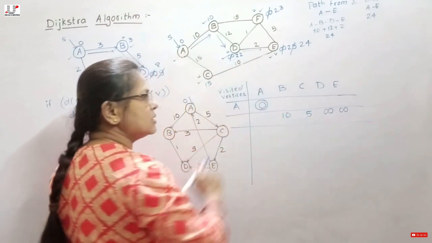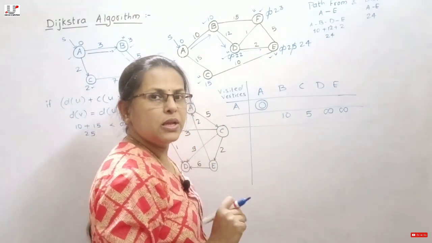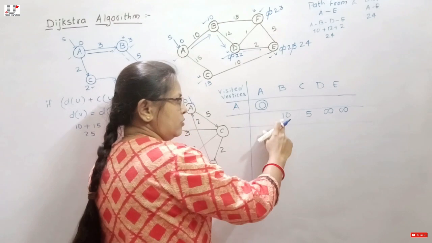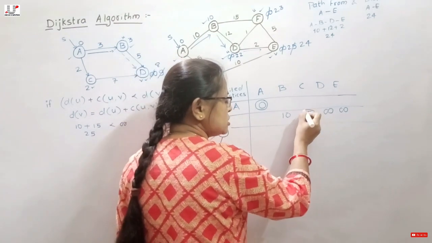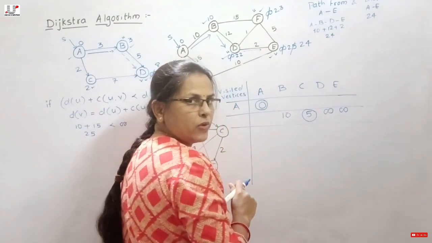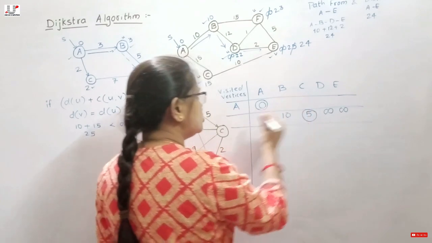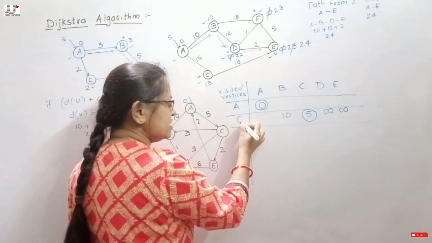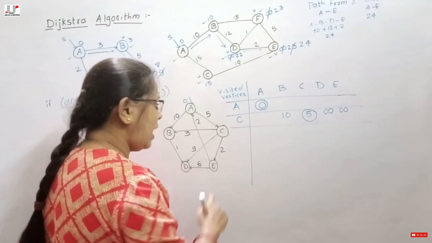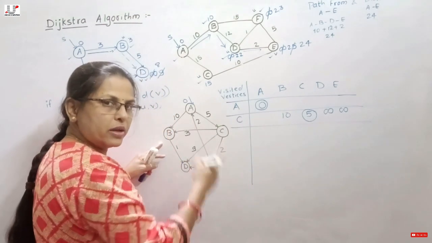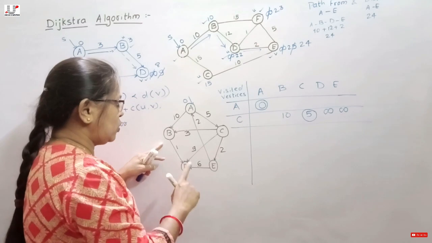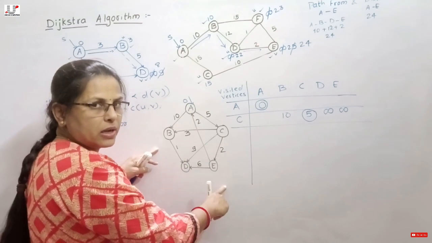Again, from this row, you have to select with minimum cost. So here the minimum cost is 5 with vertex C. So mark that C as visited. And from C, you have to again find out the cost for the remaining vertices.